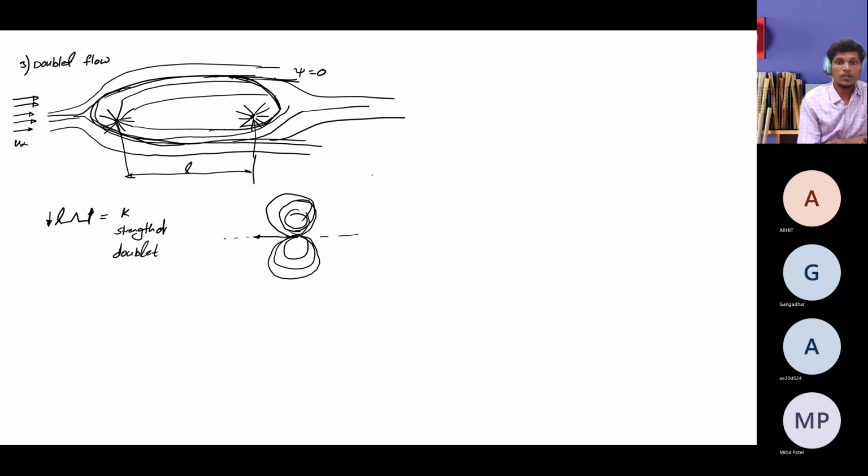This is how your doublet looks. So the doublet stream function is given by minus k by 2 pi sine theta over r. If you want a clean derivation of every stream function or potential function, I suggest you go through the lectures, or you can go through the book Fundamentals of Aerodynamics.